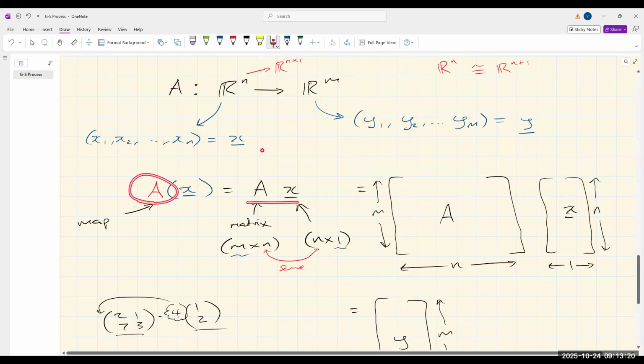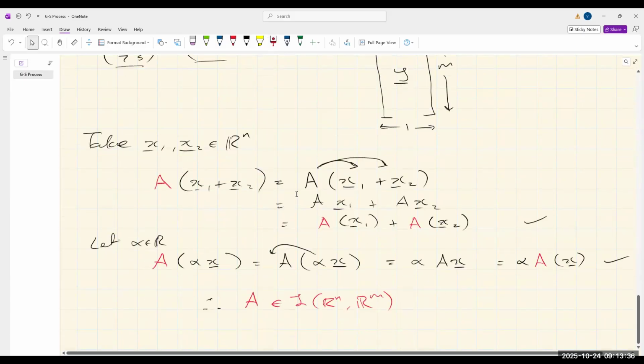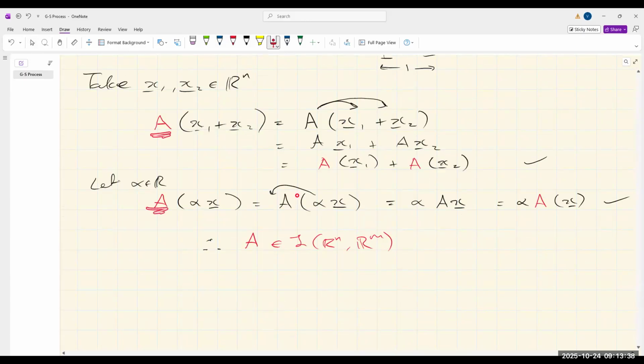This is the name of the transformation, it's acting on a vector, and this is the recipe for how to do the calculation. You take the matrix and you multiply it on the left of the vector. And what we just showed here is that this type of map is indeed a linear transformation. So every matrix is a linear transformation. And what we showed in the chapter on linear transformations is that every linear transformation between finite dimensional vector spaces has a matrix representation.